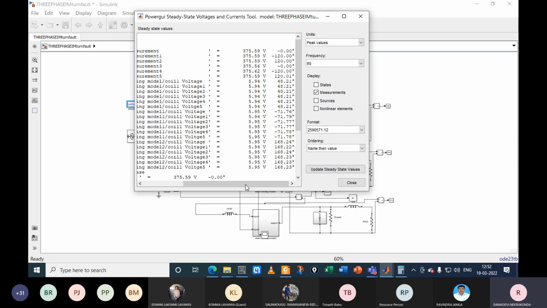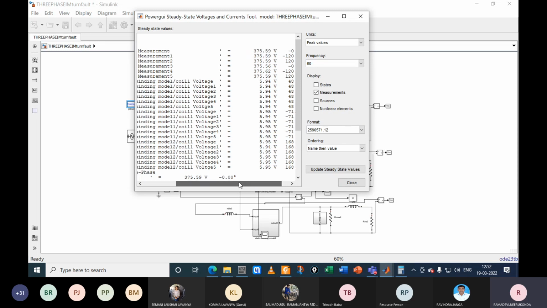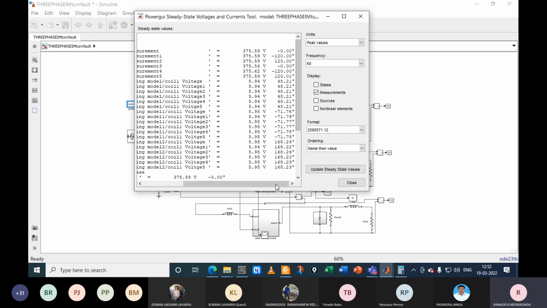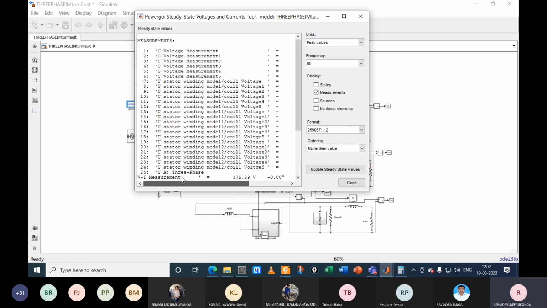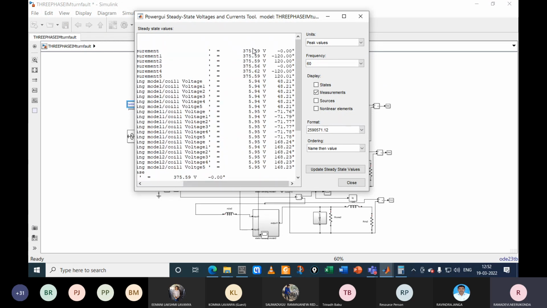So voltage measurements we connected in each coil. So based on those 10 levels, voltages are also given here. Those 10 levels of voltages are 5.94 volts under the steady state, and the overall voltage of each phase here represents a line to line value. Because of that, the peak value given for that is 370.